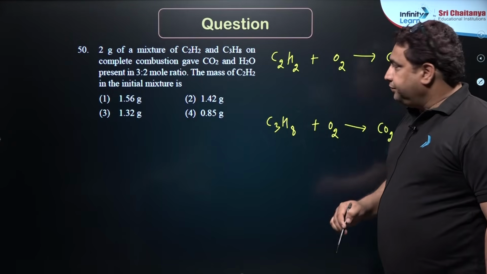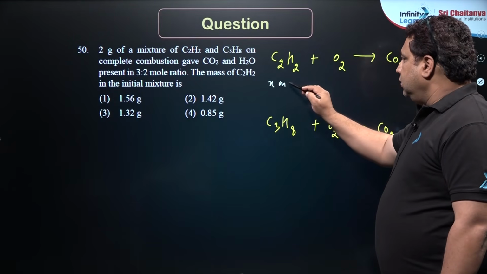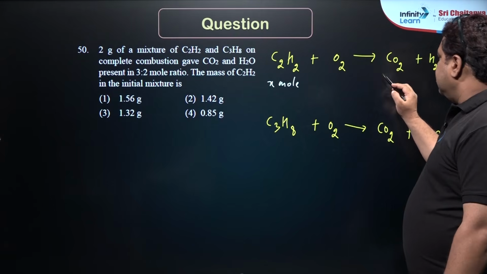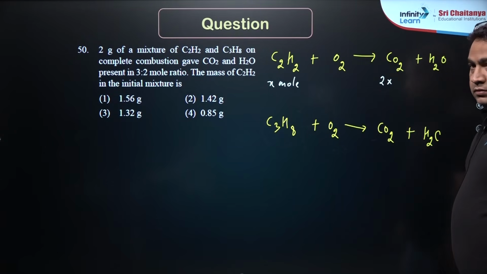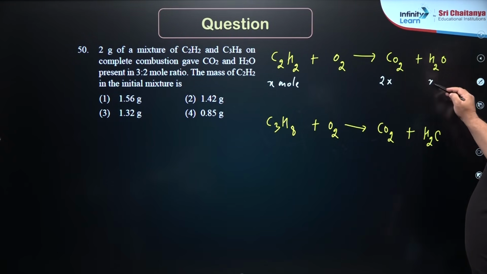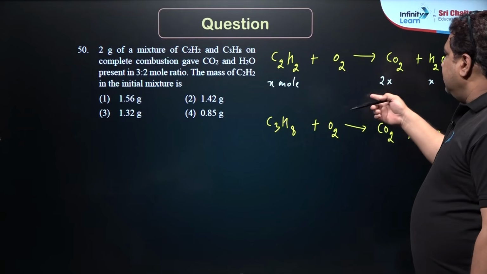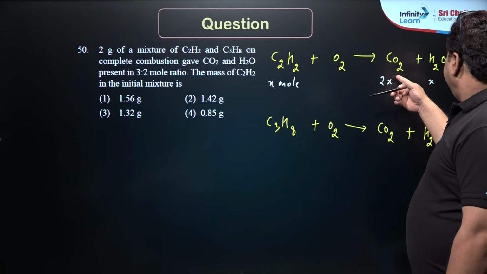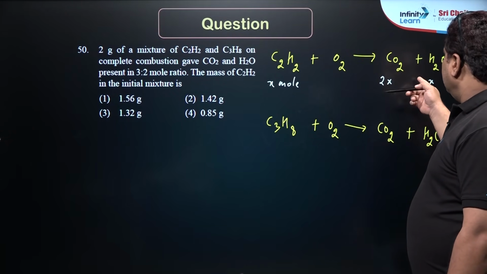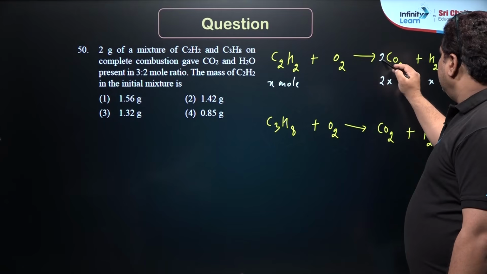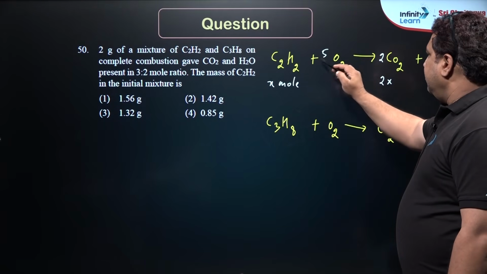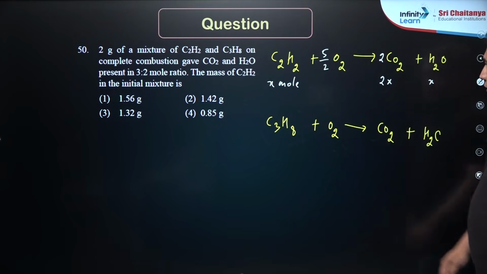On balancing, let us say this is x mole. Obviously 2 carbons are there, so this will be 2x, correct? And let us say this is x mole of water. Doing the balancing, hydrogens are 2, carbons 2, so this will become 5 by 2 moles of oxygen.